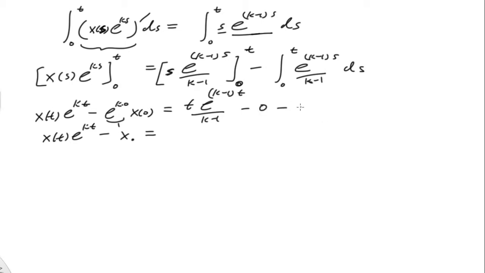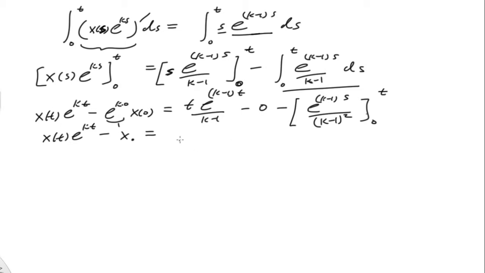Likewise, we have that minus sign, and now we're going to take the integral of this. Here we see that this does have an antiderivative, and so we can take its antiderivative and evaluate it at its limits. e^((k-1)s), but now we have to divide by (k-1) squared. And again, we evaluate the limits.